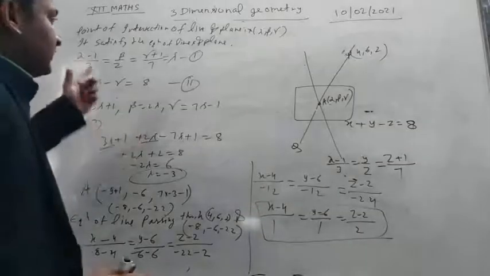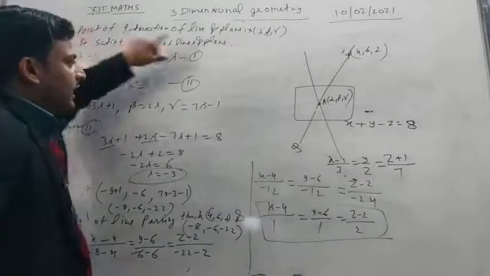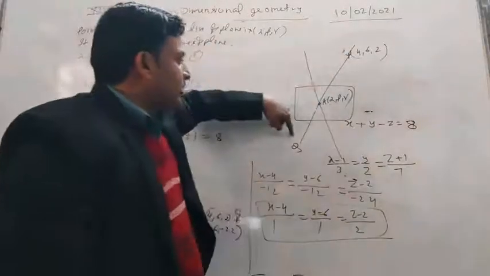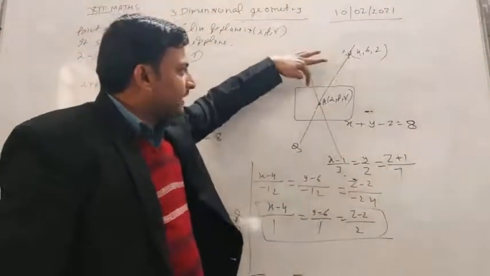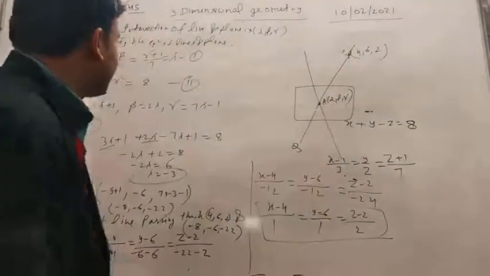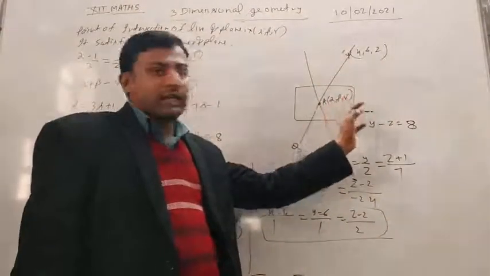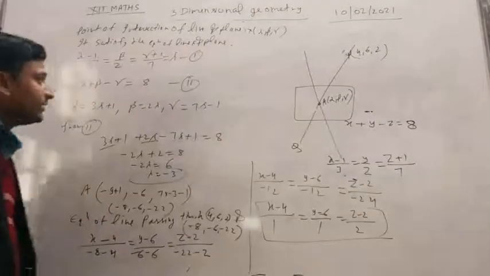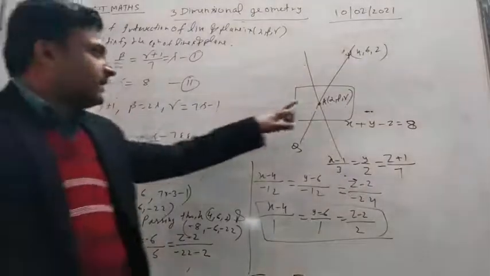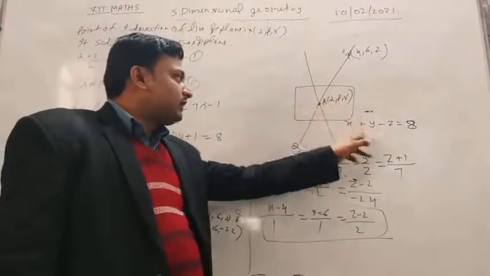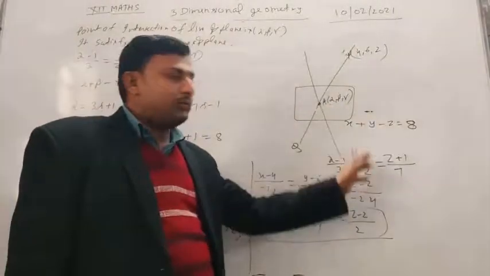So students, let's see once again. We have to find the equation of this line PQ, which passes through the intersection point of this line and plane. So we have taken the intersection of this line and plane as alpha, beta, gamma. If this is the intersection point of this line and plane, it will satisfy the equation of line and plane also.